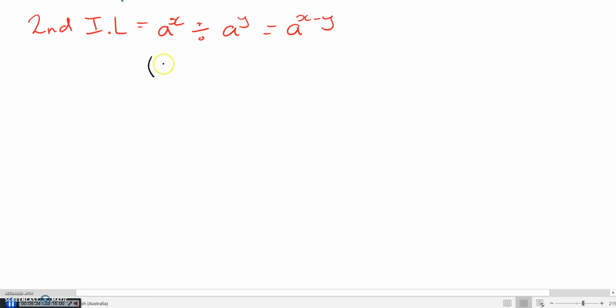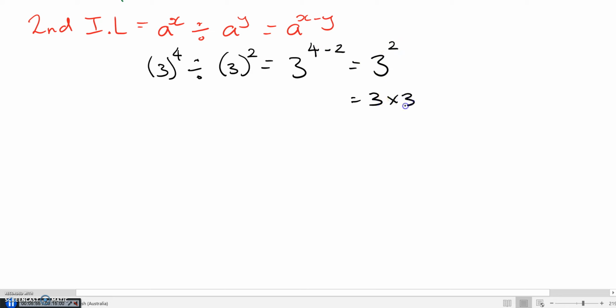If the base was 3, with the power 4, and we're dividing by 3 to the 2, we'd rewrite that as 3 to the 4 minus 2, which is 3 squared. 3 times 3 is 9. That's your answer.